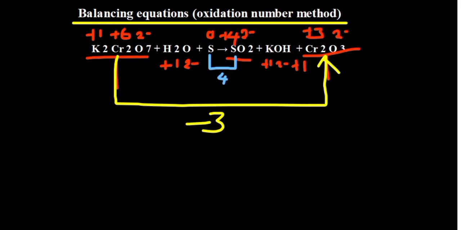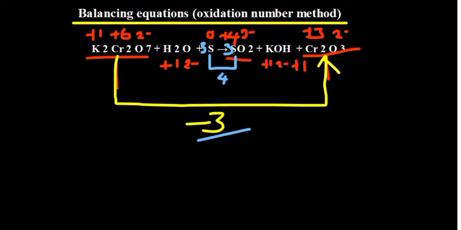So we need to balance up. How do we do that? We're supposed to multiply. So this 3 is going to be multiplied by the other half reaction there. So sulfur is going to be multiplied by 3, and sulfur dioxide as well by 3, coming from this other side.